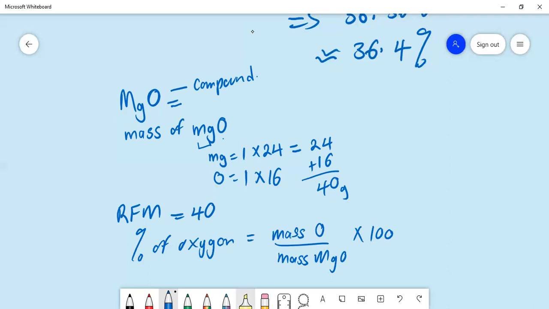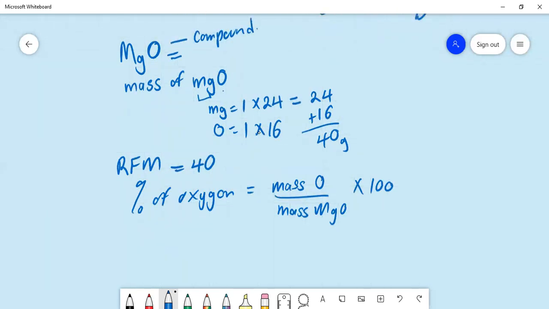So we get the mass of oxygen, which is 16, out of the 40, times 100%. When you divide, what do you get? 40%.